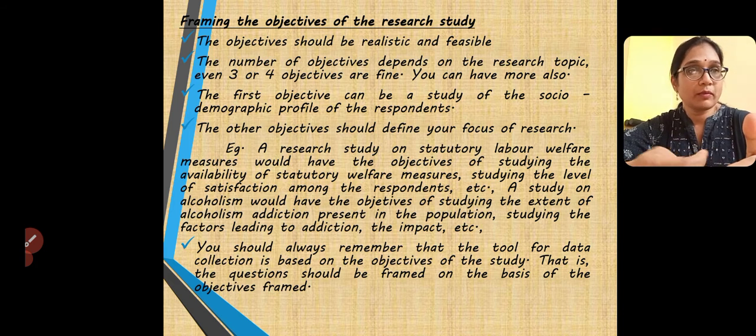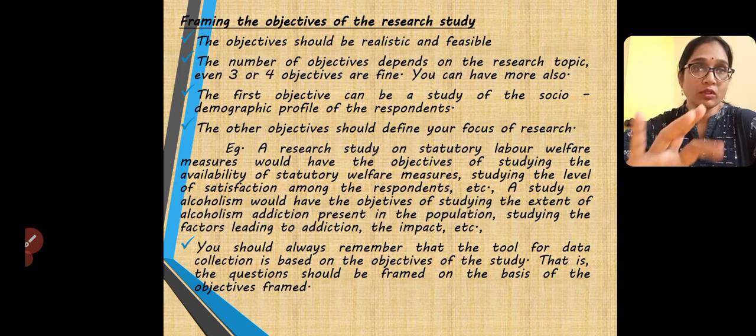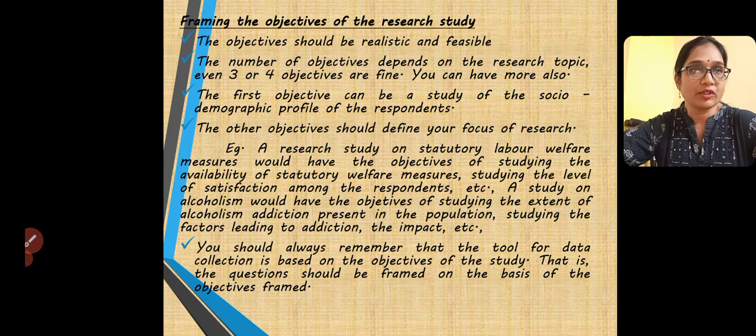Of course, many students ask what is the number of objectives we should write, whether 5, 6, 3, 4. There is no specific number of objectives. It is not that it must be 5 objectives, neither less nor more. You can even have only 3 or 4 objectives, that is also fine. Or you can have 5, 6, 7.